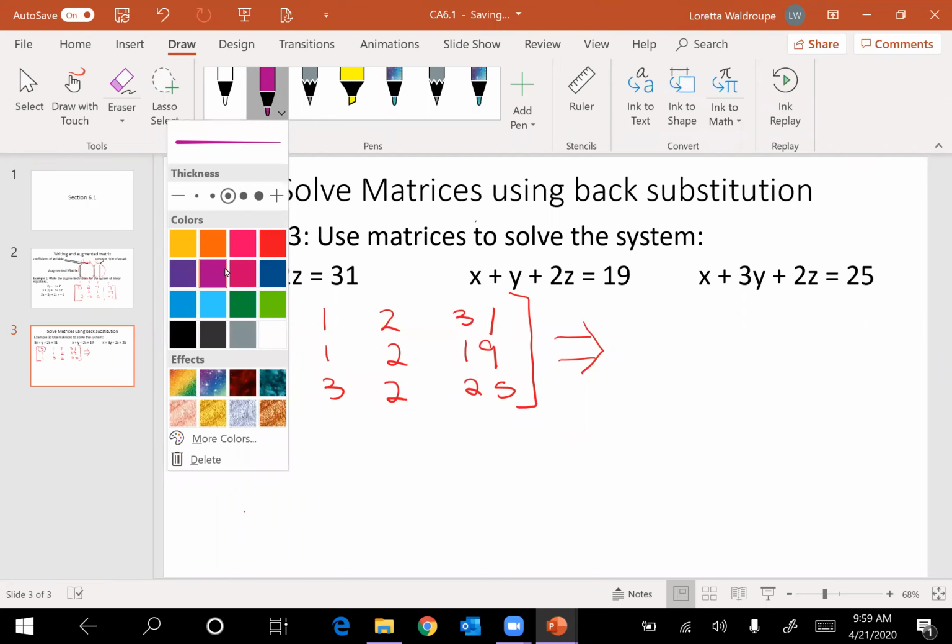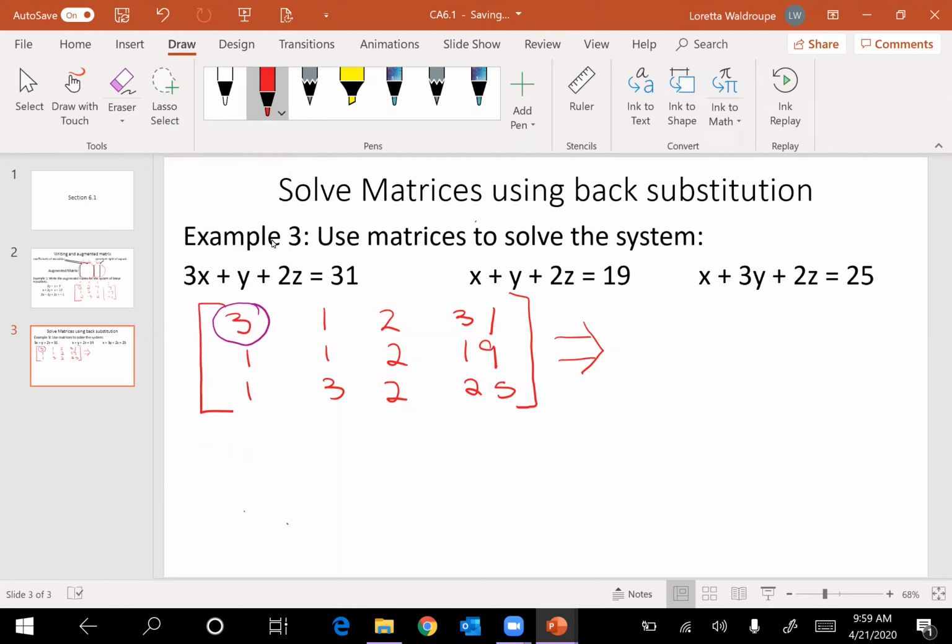I can see that I have a 1 in row 2, so I'm going to switch row 1 and row 2. So now I have 1, 1, 2, 19, and row 1 becomes 2, 3, 1, 31, and I did nothing to row 3. Okay, so I've got my first 1.